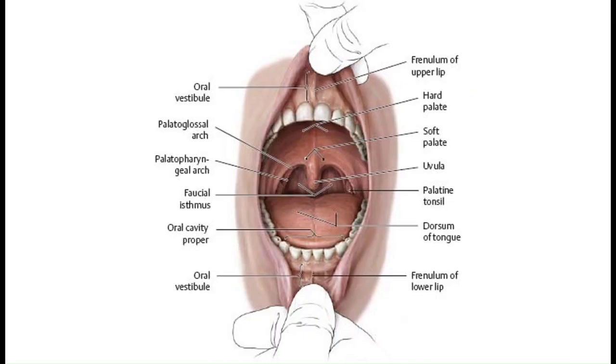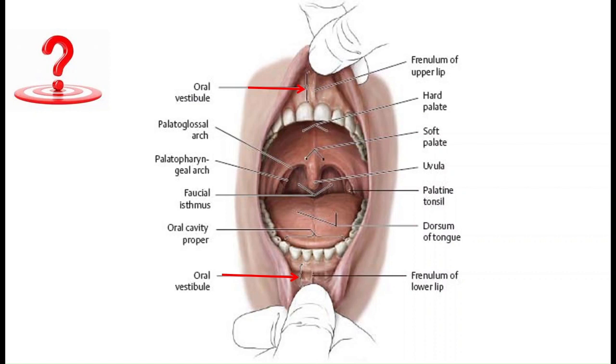Here is another view of a widely opened mouth, and we need to ask a few questions to extract some information out of it. Now, the first question is why I am presenting this image. I am presenting this image because the upper lip and the lower lip are pulled up and down so that you can see the space of the vestibule, because it wasn't very clear in the previous slide.